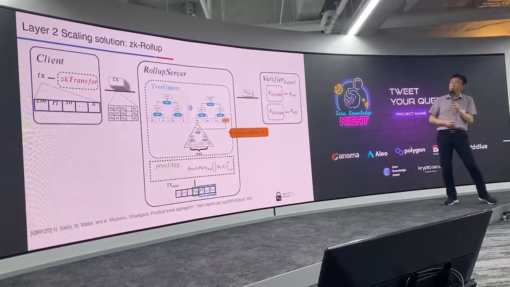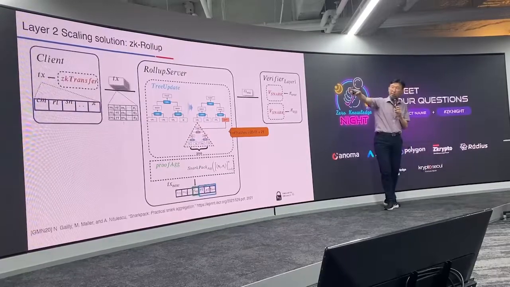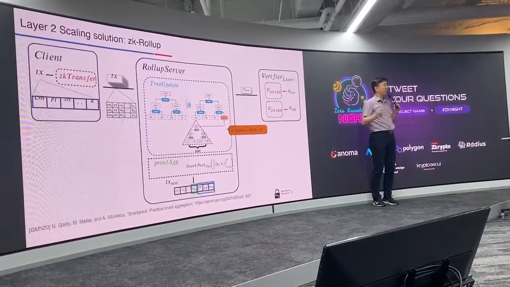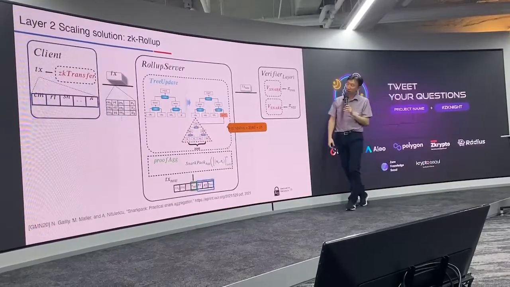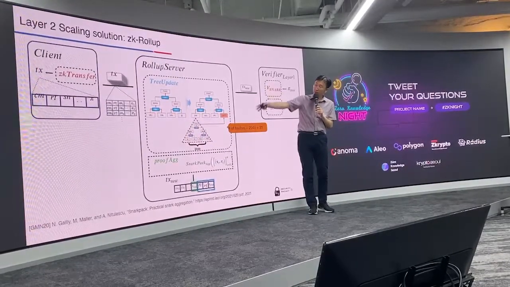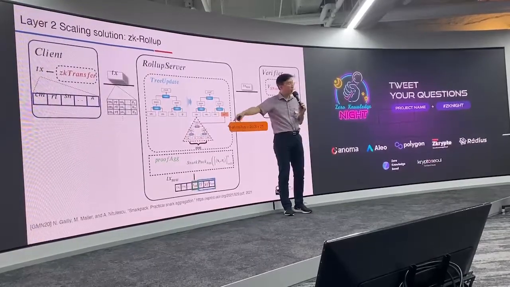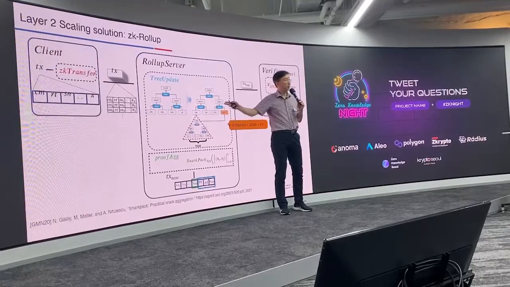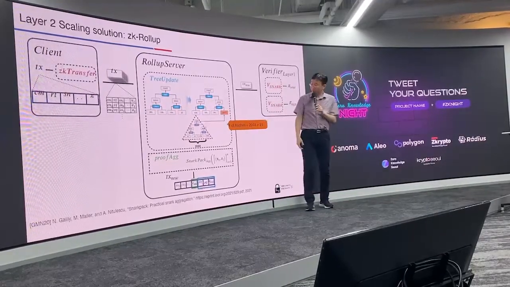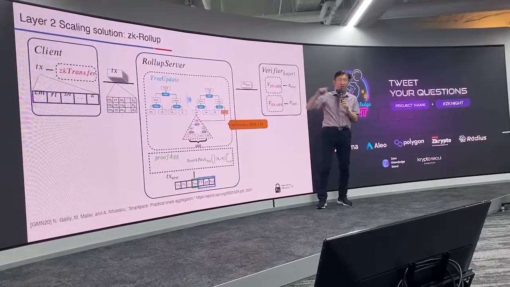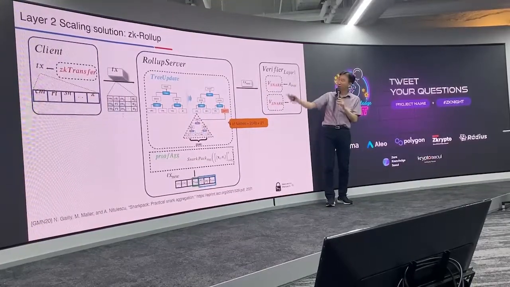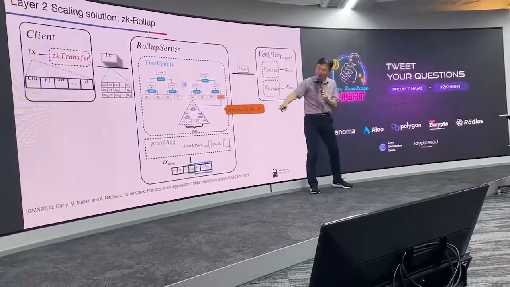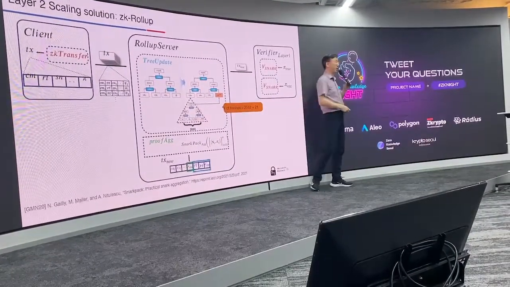So this is showing the layer 2 part. The client is sending multiple transactions; in our case, we are considering 2,000 transactions. These 2,000 transactions go to the Rollup server. Then the Rollup server aggregates all the proofs and also updates the tree and generates the proof. Then that goes to L1, and L1 checks the SNARK proof for the aggregated proof and also the Merkle tree update.